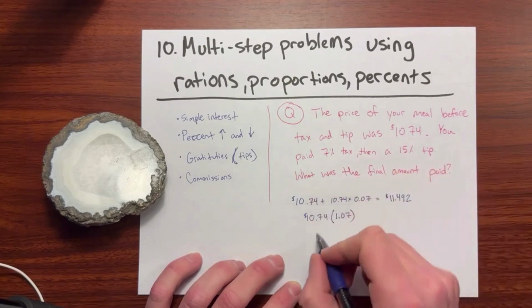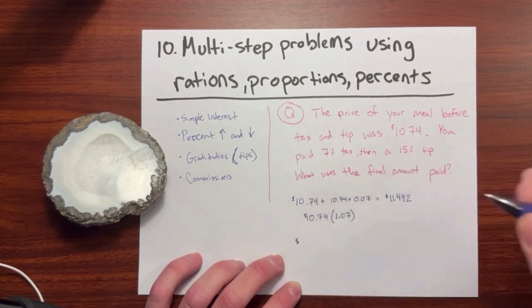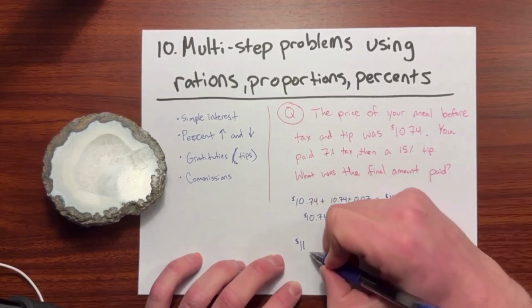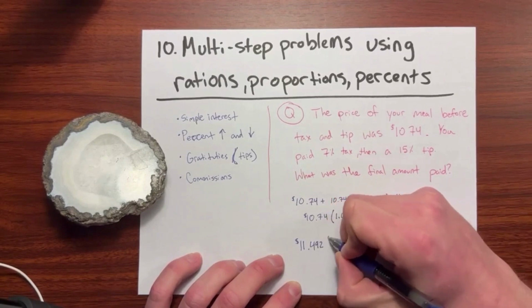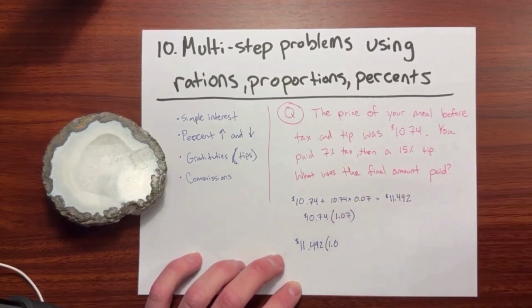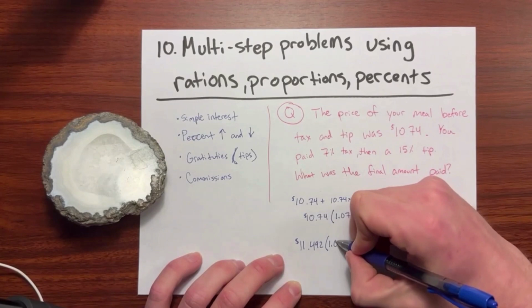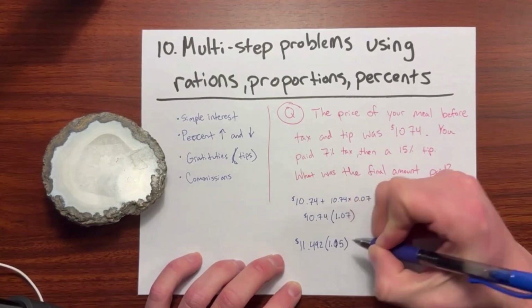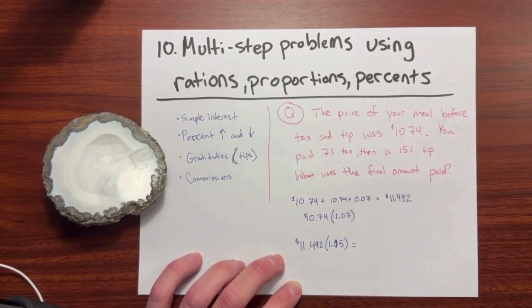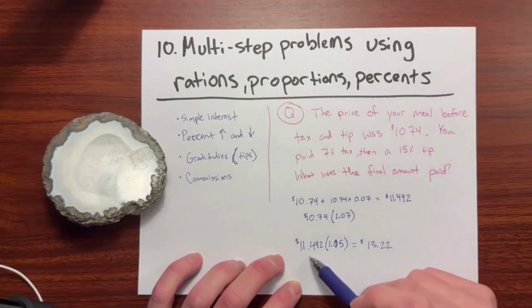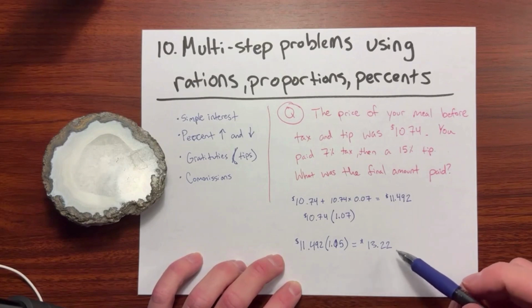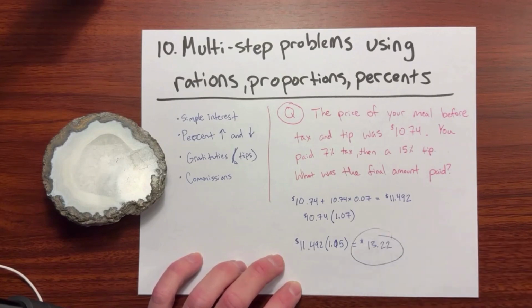Following this same method, we'll have 11.492 times 1.15, and we end up with the final answer here of $13.22.